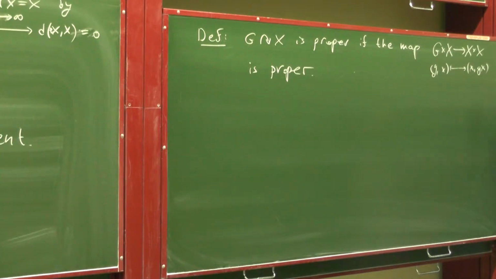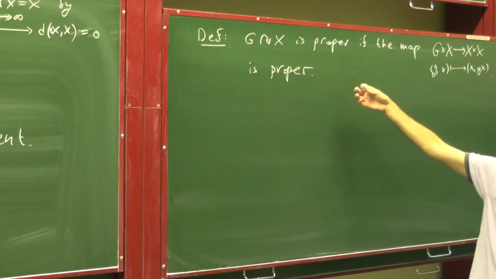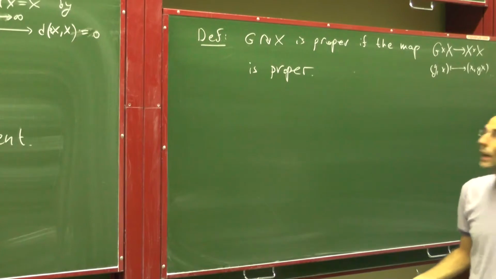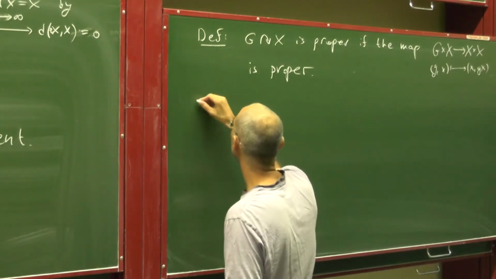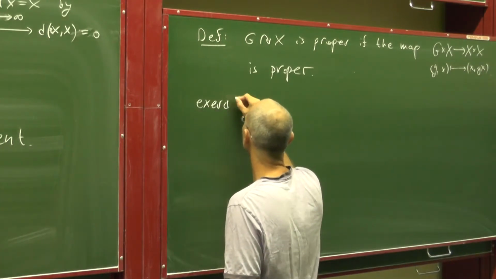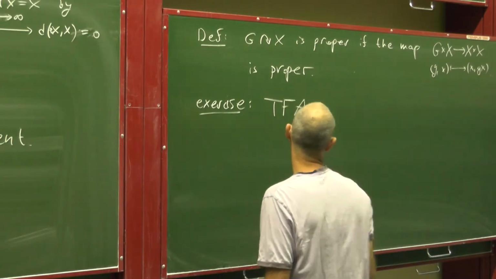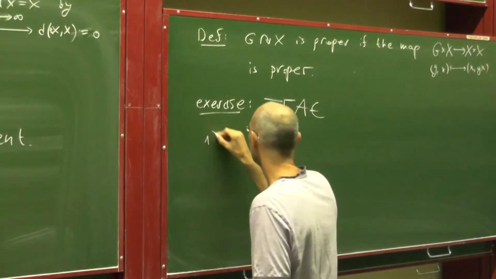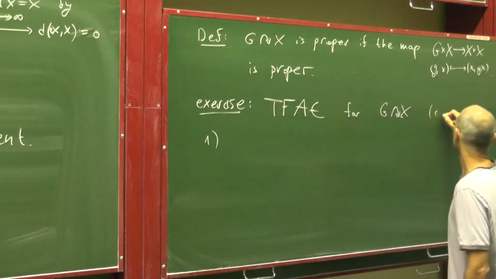It's a matter of definitions, but still there is a mismatch. Let me try to convince you that this definition is nice by giving a list of equivalent conditions. So here is the exercise. The following are equivalent, for G acting on X by a continuous action.